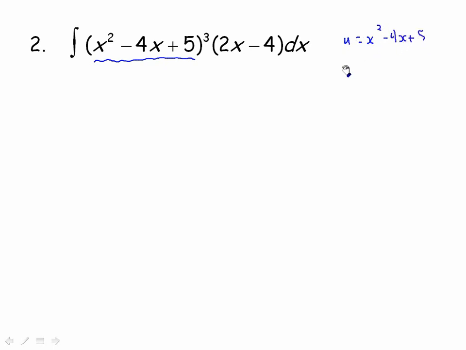So I'm not worried about the exponent, just the inner function itself. So du dx is equal to 2x minus 4. Now the idea is that you cancel out that 2x minus 4. So when we isolate the dx, treating it as though it was a quotient, we get it in this form.